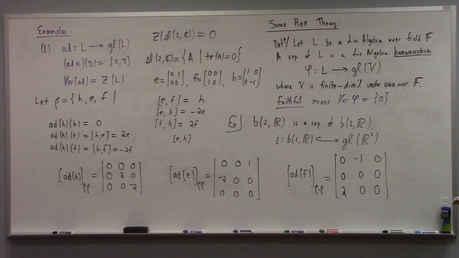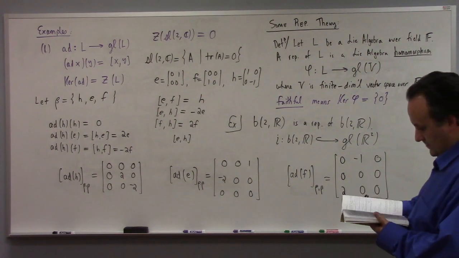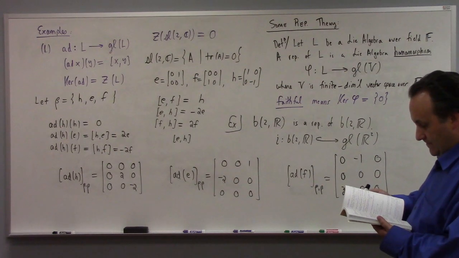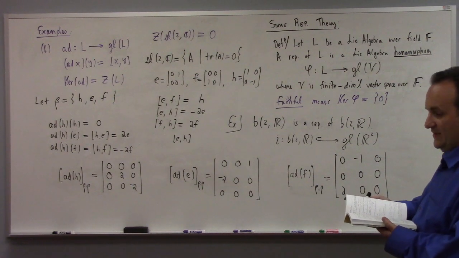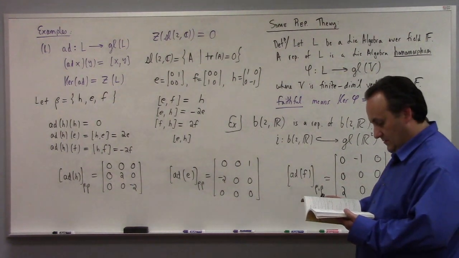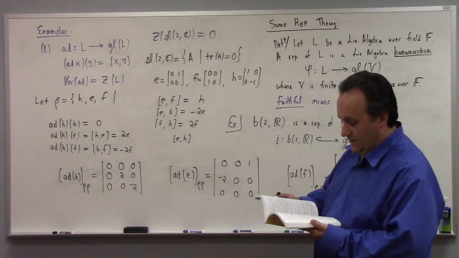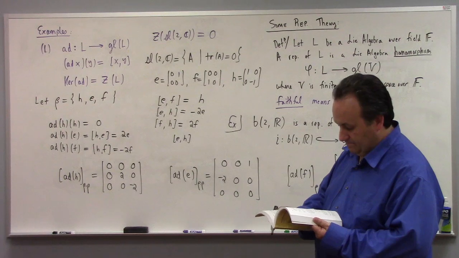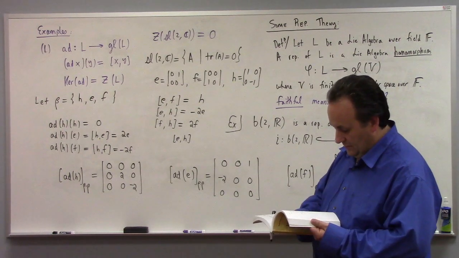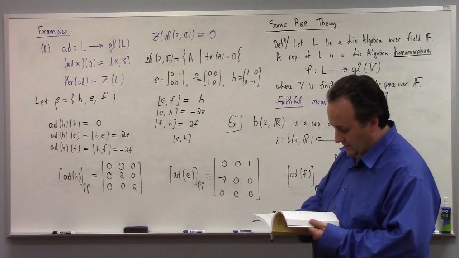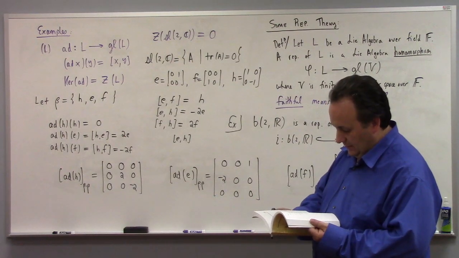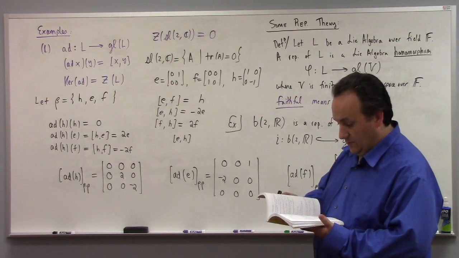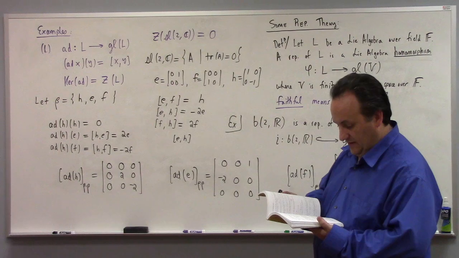Let's see here. Okay, I think it's chapter 10 that the weights come back, Audric. We have this thing called the root space decomposition. So yeah, we'll get back to the weights when we get to chapter 10, basically.